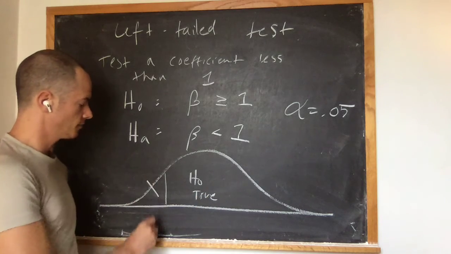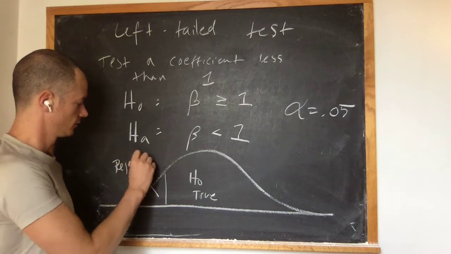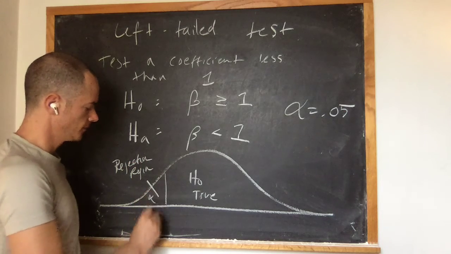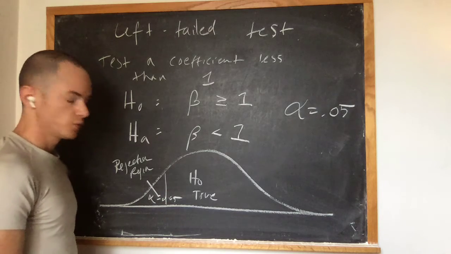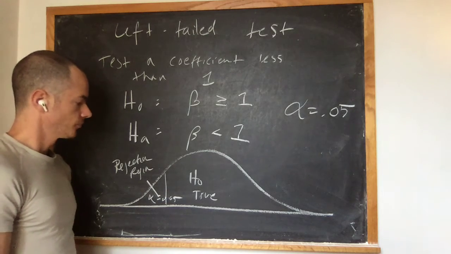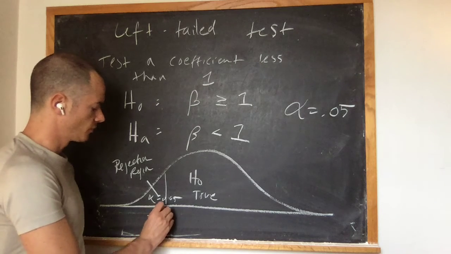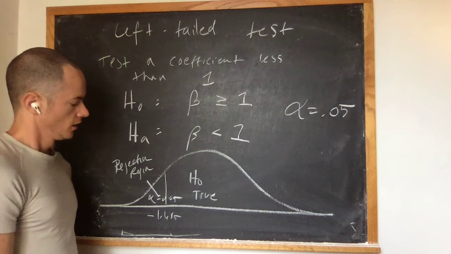And this part of the distribution is what we call the rejection region. This is alpha, 0.05. This would define your critical value. If this is normally distributed, this is negative 1.645.